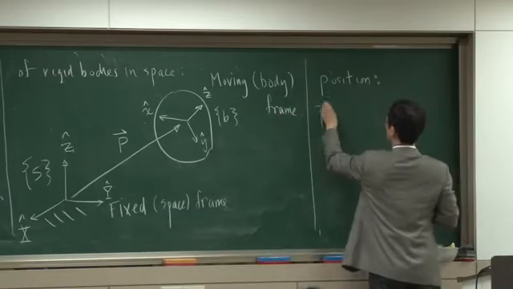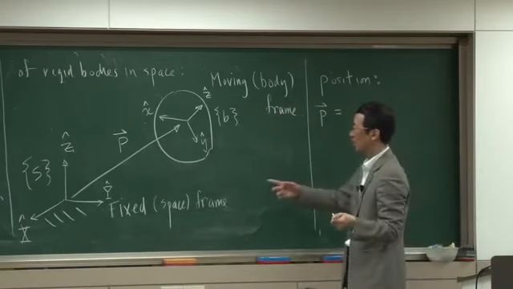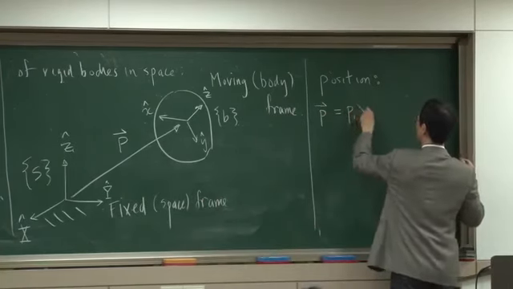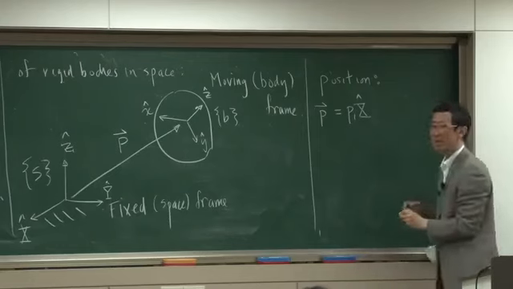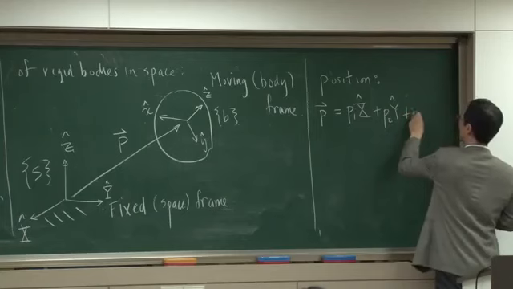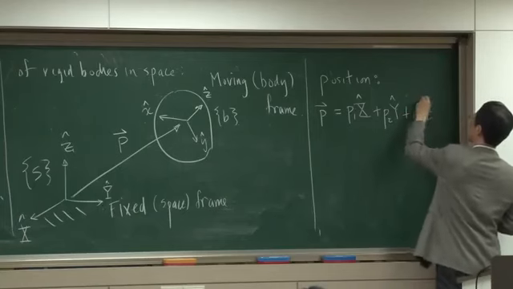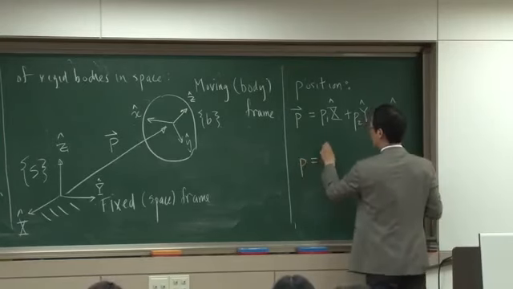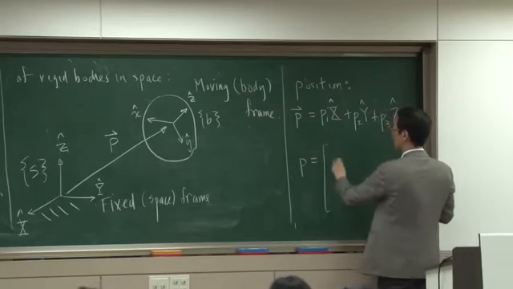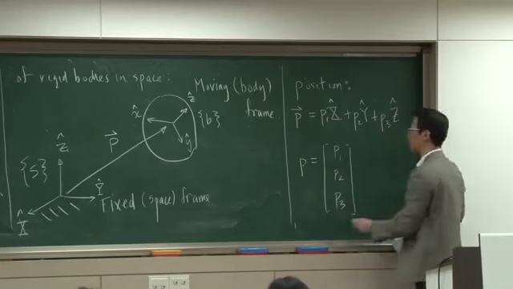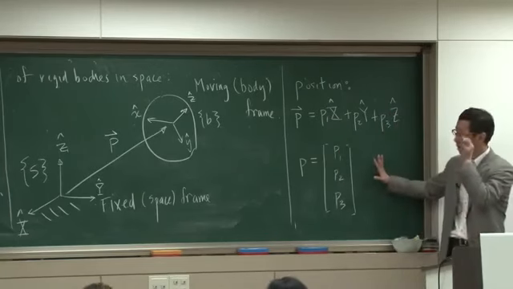If we use the fixed frame coordinates, vector p is of the form p1 in the large x direction plus p2 in the large y direction plus p3 in the large z direction. So we can write the column vector p in the form p1, p2, p3, and this takes care of the position.